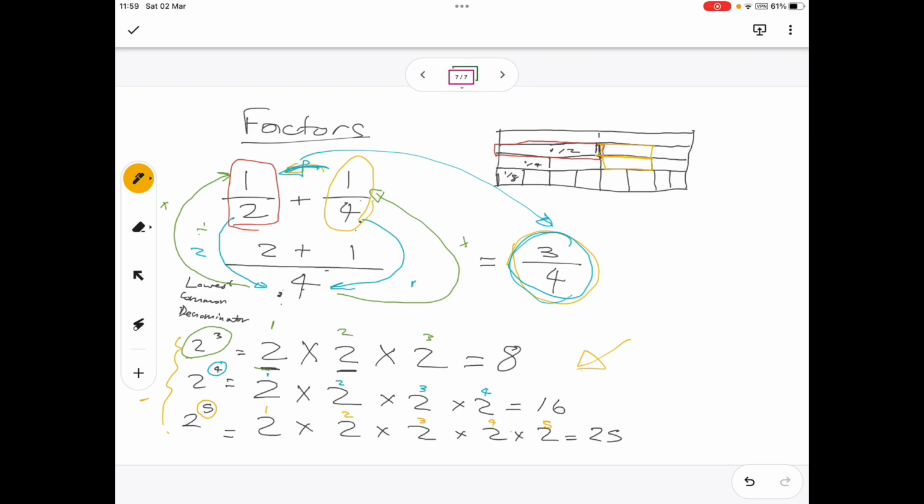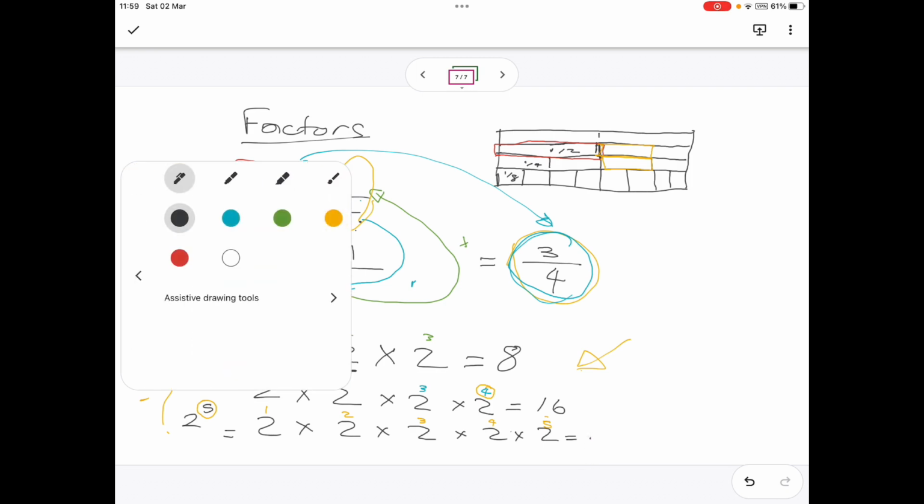But on page 7 of this Jamboard, do you see at the bottom there I wrote 2 to the power 3 is 2 times 2 times 2, and that gives you 8? Yes. So 2 being a factor of 8 means that it has to multiply itself out 3 times to give you 8. 2 being a factor of 16 means it has to multiply itself 4 times to give you 16.